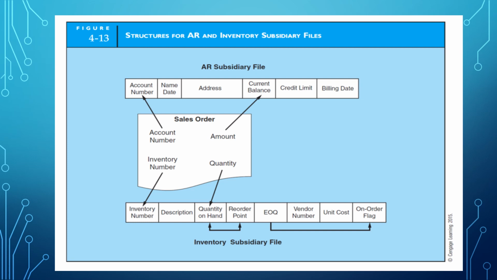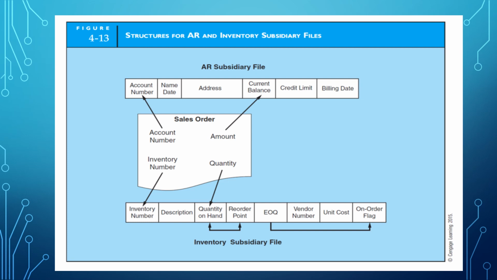Next, the structure for accounts receivable and inventory subsidiary files. If you see here, in the sales order we have the amount, the quantity, the inventory number and the account number. This information is in different files in the system.